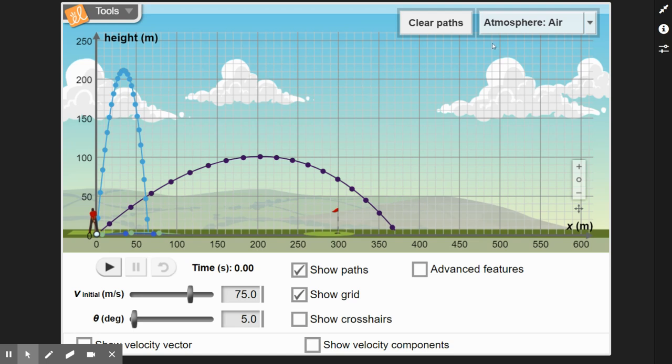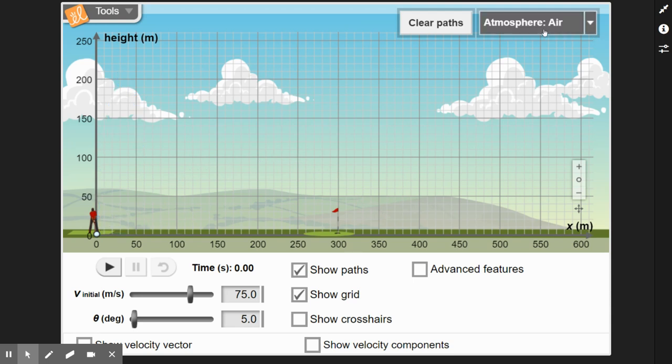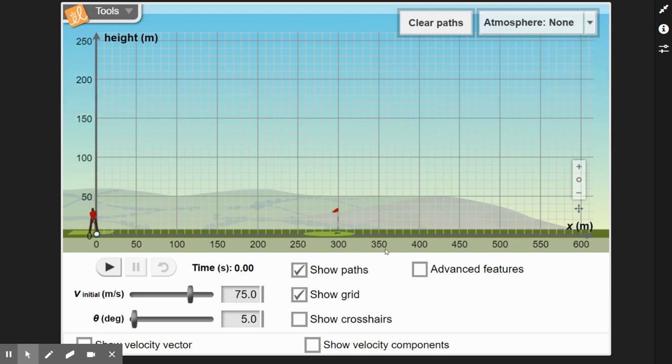So then if we click reset, let's clear some paths, let's turn atmosphere off. Which launch angle produced the greatest drive? So again, if the two angles add up to 90 degrees, they should land at the same distance when we have no air resistance.